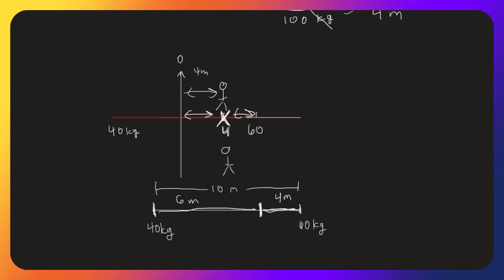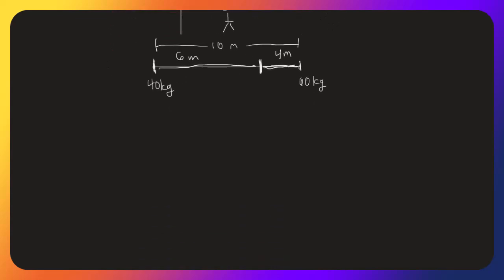So what we had is now that our 60 kilogram person moved a total of 8 meters. So he moved 8 meters, and when he moved 4 meters, they were lined up at the center. And then after they were lined up at the center, they continued on, so they were lined up at 4 meters relative to our origin, our starting point.